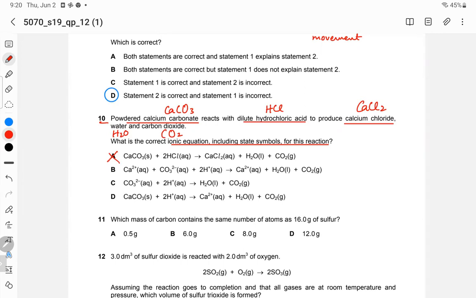In B, both the aqueous ions are present, which is actually the wrong answer. And if we look at C, sir, calcium carbonate is a solid, right? Yes, it is a solid. So our correct answer will be D.